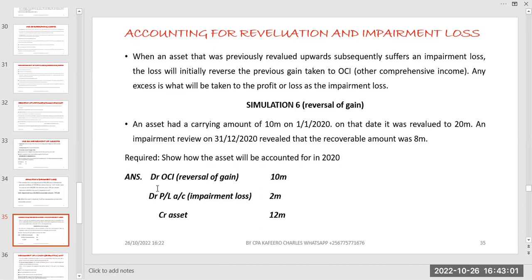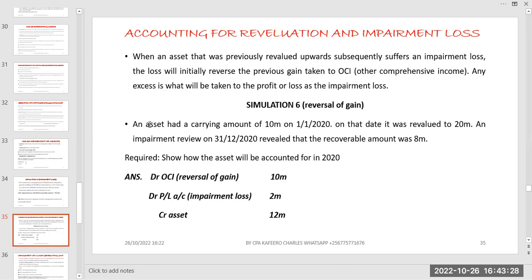There happens a scenario whereby the asset was previously revalued upward, or we had a revaluation gain, and now the asset, which increased in value for a certain time, maybe we can use this very example here. It will guide us before we go through the explanation.